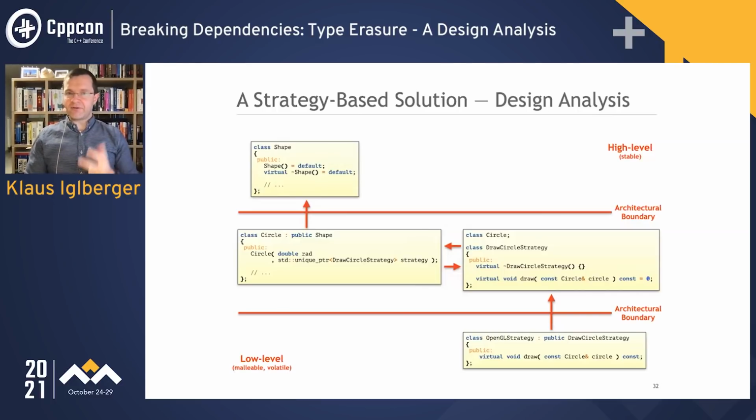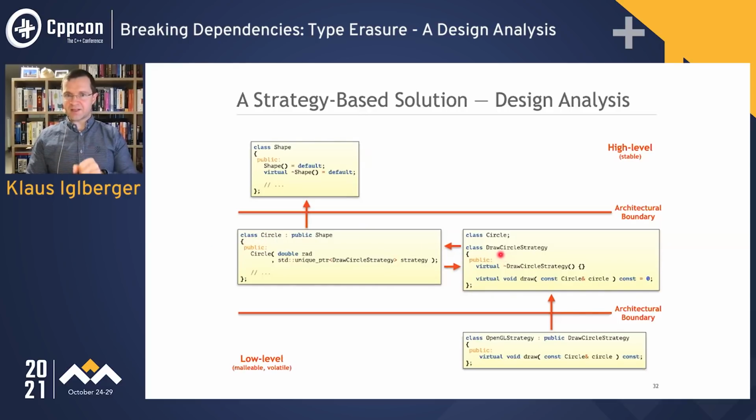We now indeed have 3 levels in our architecture. We have something that I would call high level, the stable things, the things that we want to build on, and that high level contains the shape, the base class. Then there's some kind of medium layer, intermediate layer. This is where we implement circle and the according draw circle strategy.